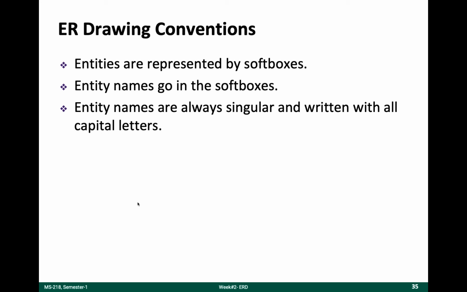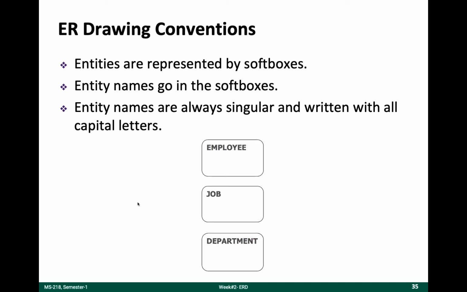By default, we know that in a university we would have many students, not one single student, but the entity name would be singular, and written in all capital letters, so that we can quickly identify it as the entity name. So these are 3 different entities: employee, job, and department, okay?